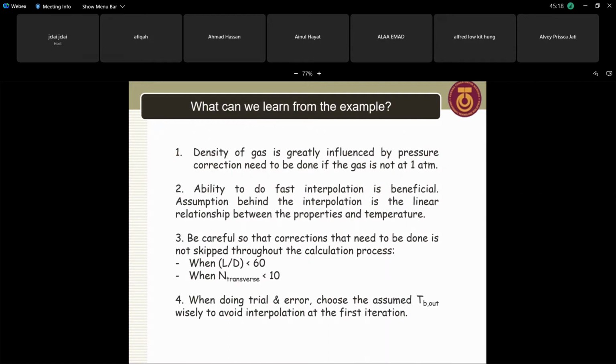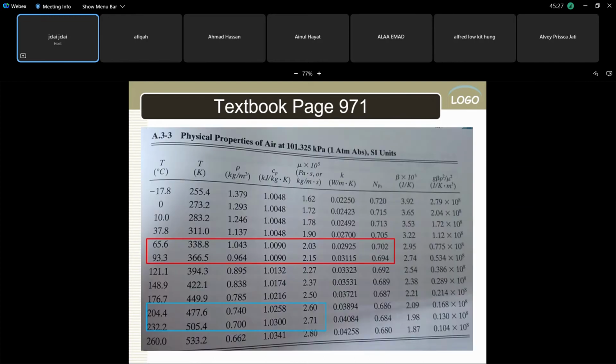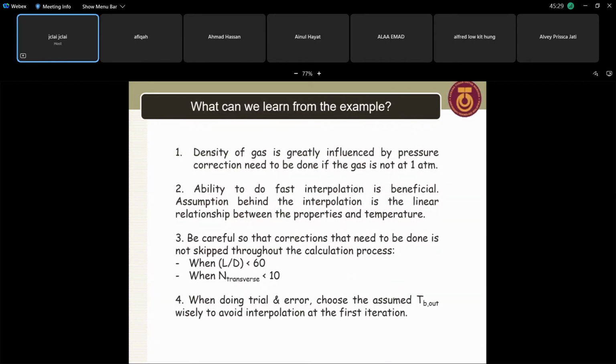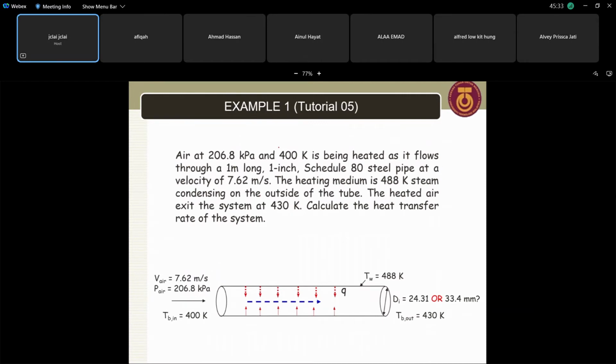Okay, another thing, maybe after this you can try this example. The difference is you see the air pressure is greater than 1 atm.